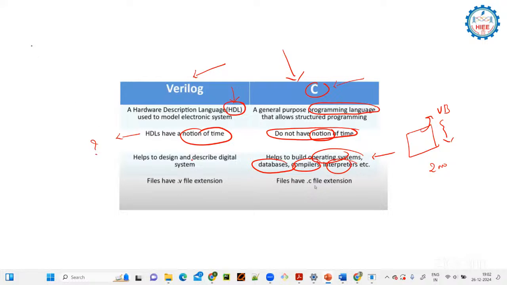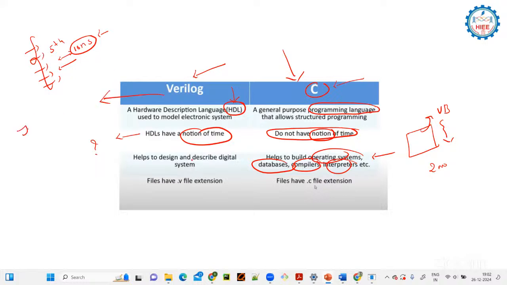For example, I have written 10 lines of code in C. After executing around the fifth line, before executing the next line, can I tell my compiler to wait for 10 nanoseconds? Can I tell my compiler to do that? It is not possible. But in Verilog, it is possible.